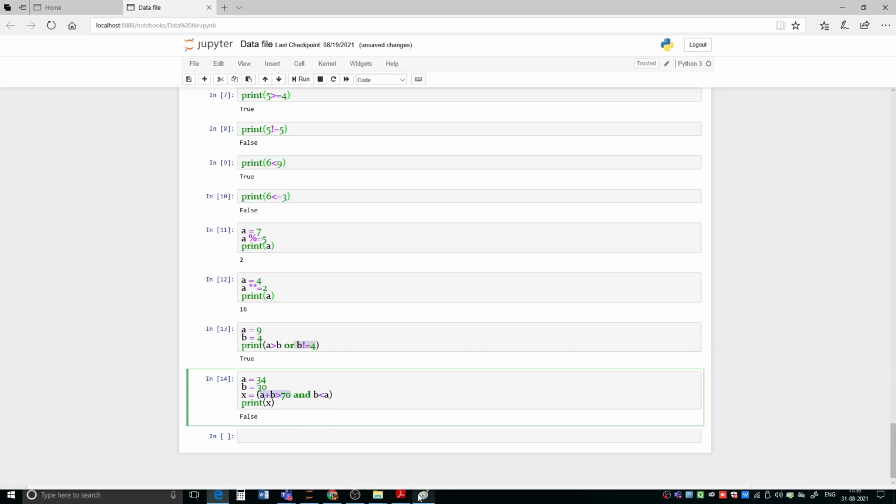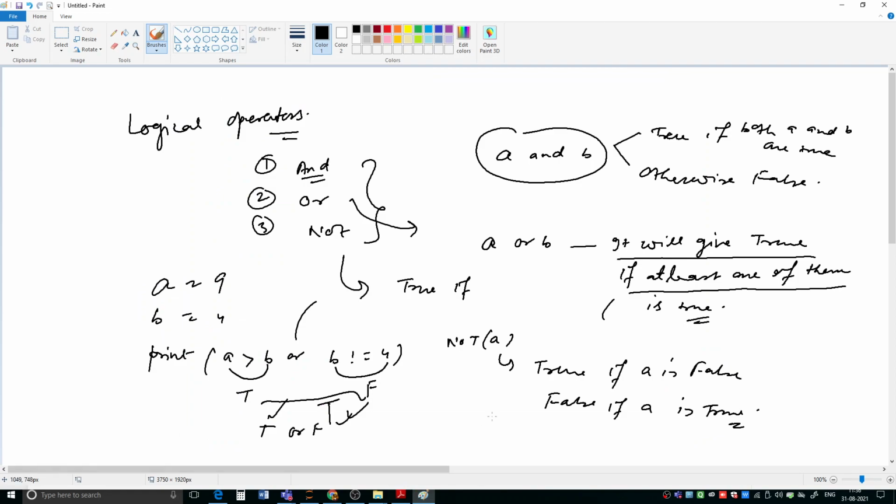One thing you have to keep in mind is that in case of the logical AND operator, in what situation do we need to evaluate the right operand?